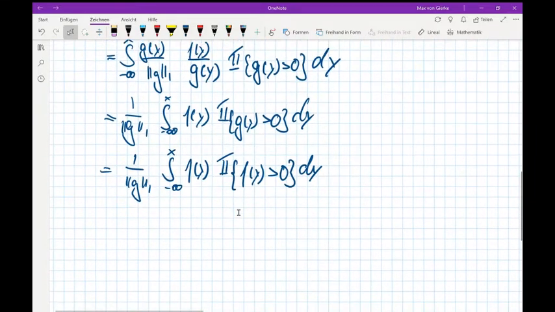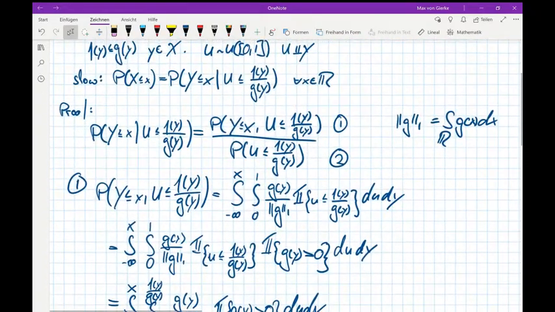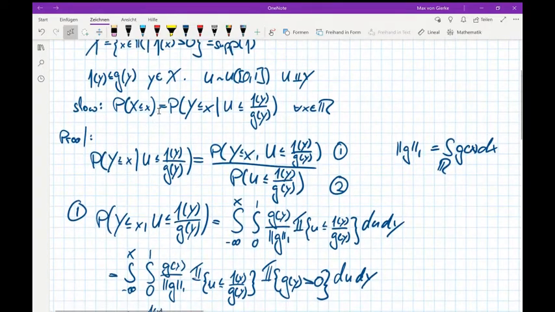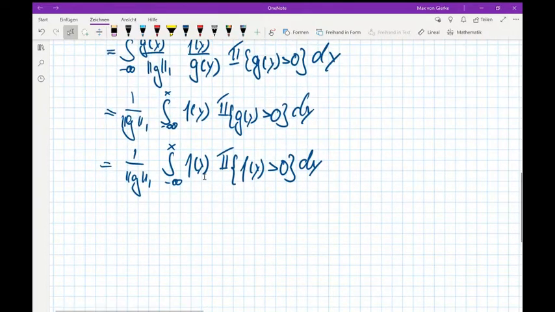Yeah, and well, this looks like it has something to do with the probability of x, what we want to get. So we somehow want to obtain the left-hand side here, which is the cumulative distribution function of x. Okay, so this looks good. I'll keep it that way.